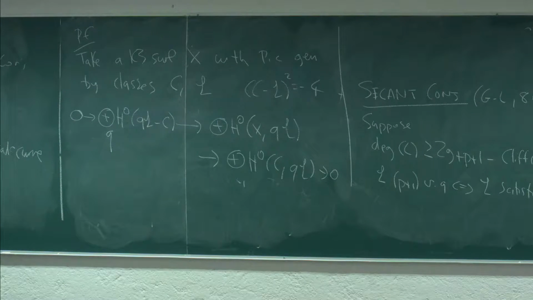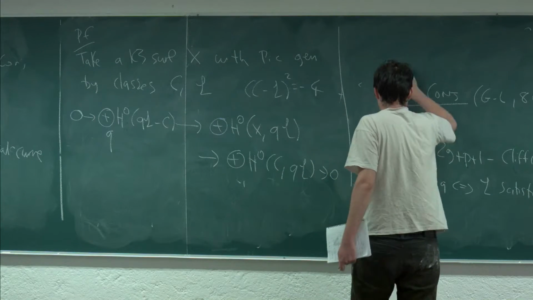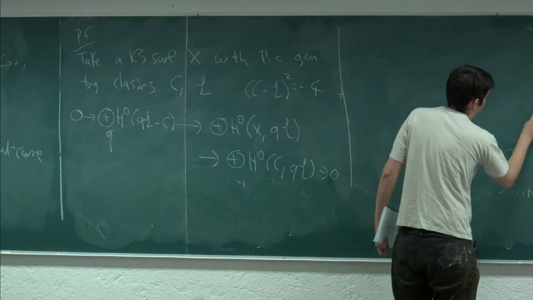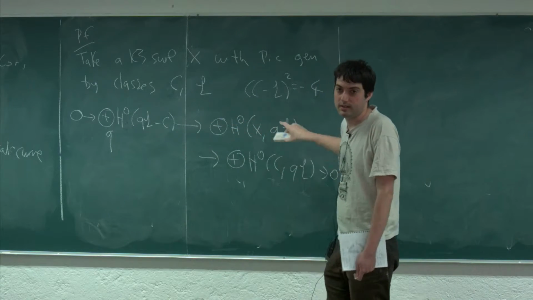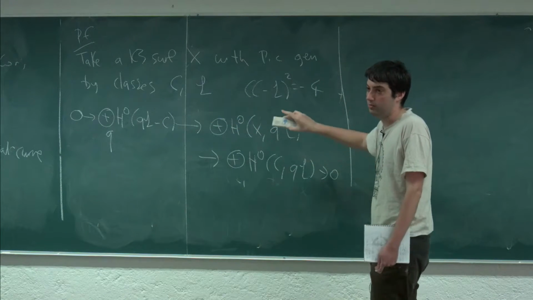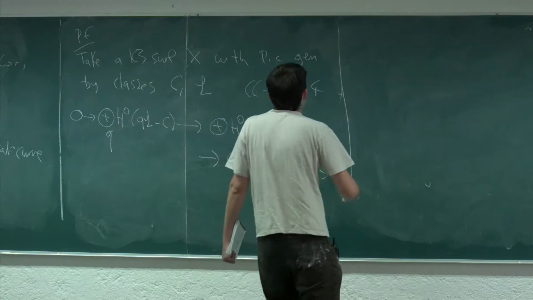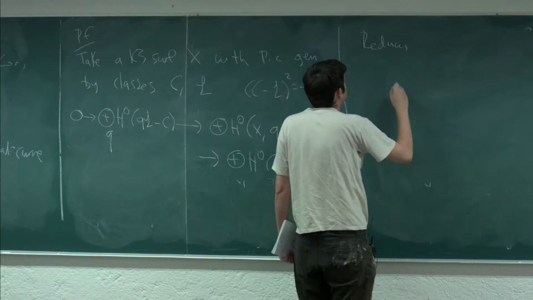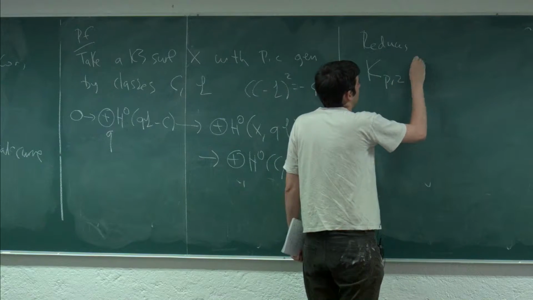And then this reduces the statement we want to two vanishings. So one has this short exact sequence here. You can then take Koszul cohomology of this sequence. And then after taking Koszul cohomology, the statement reduces to showing K_{p,2}.